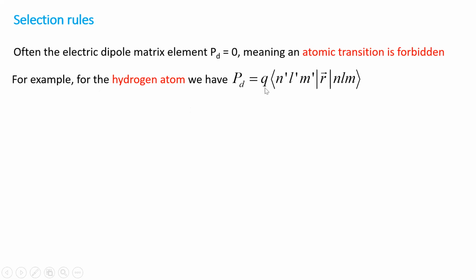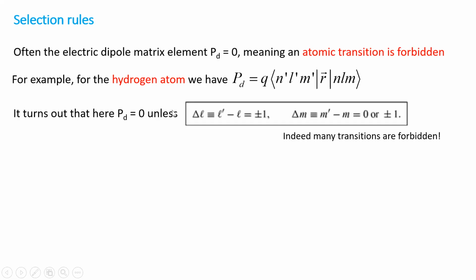By analyzing the symmetries of the hydrogen nlm states, when you take the matrix element of R with them, you can come up with what are called selection rules for when PD equals 0.